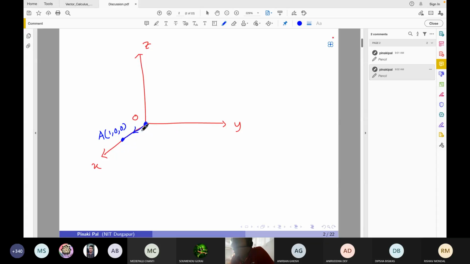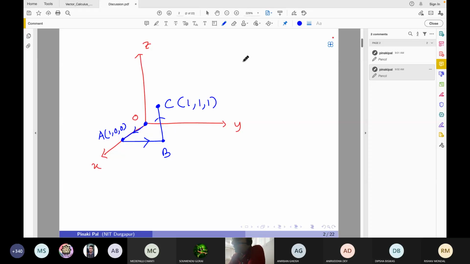This is the first part of the path, and then from there we are moving to the point 1, 1, 0 in the xy plane, say B. And next we are moving to the point C, 1, 1, 1. So essentially we are moving from O to A to B, and B to C, and we have to find the line integral for this particular path.